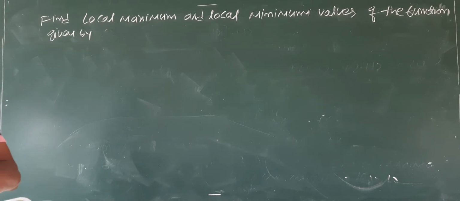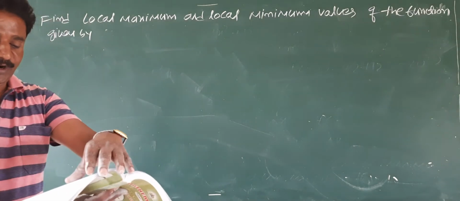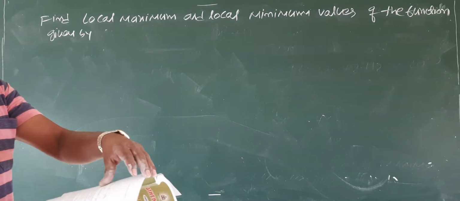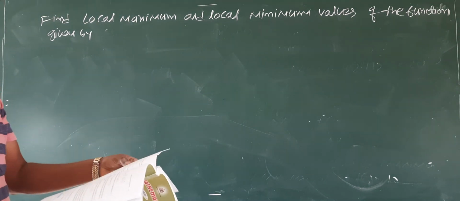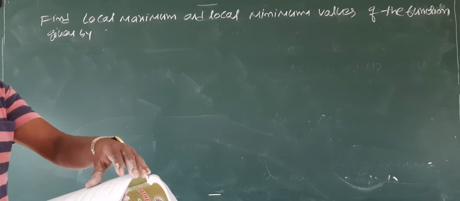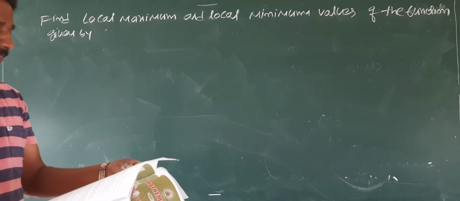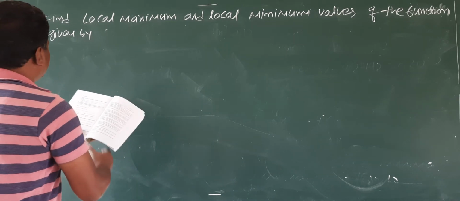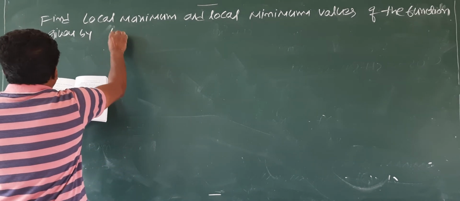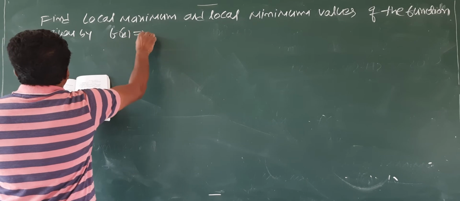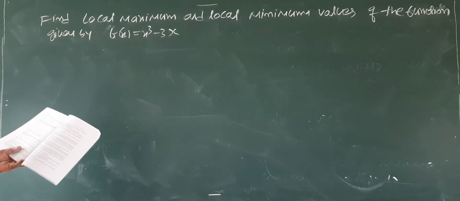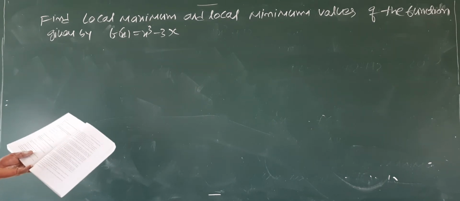Find all points of local maxima and local minimum values of the following. So write, next question is: you take f(x) given by f(x) equals x cube minus 3x. You follow the same procedure, students.